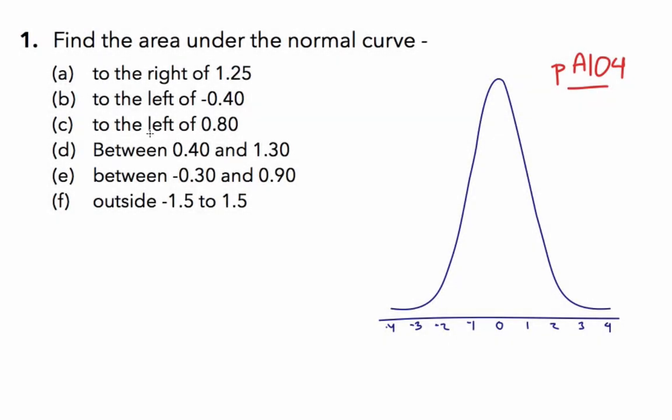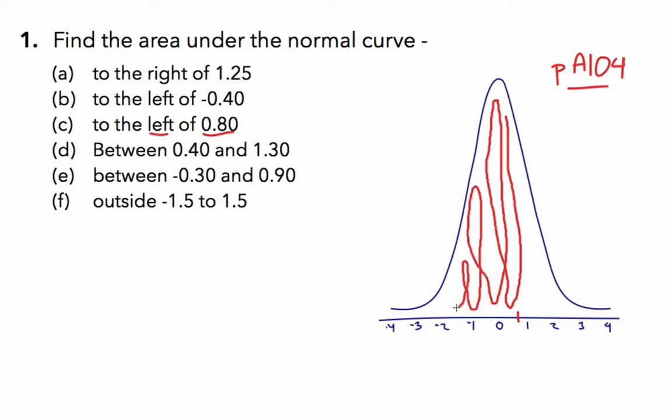Part C asks about the number of observations left of 0.8. Again, I'll mark the standard unit here and shade in the area we need to solve for. In the table on A104, we see that 0.8 is associated with an area of 57.63.